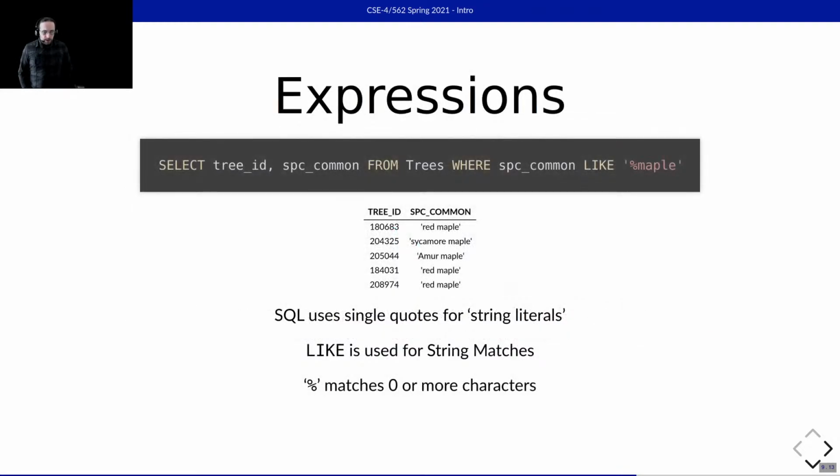You can also do pattern matching on tables. SQL provides an approximate string matching framework called like, so string like and then pattern. In general, this shows up mainly with the percent sign. There's a couple of other symbols. Question mark matches one character, percent sign matches 0 or more characters.